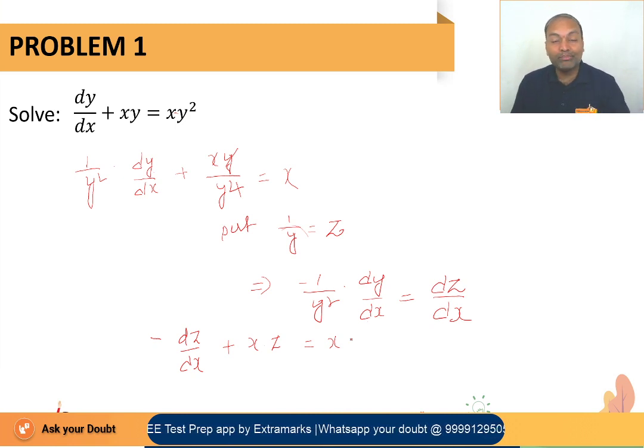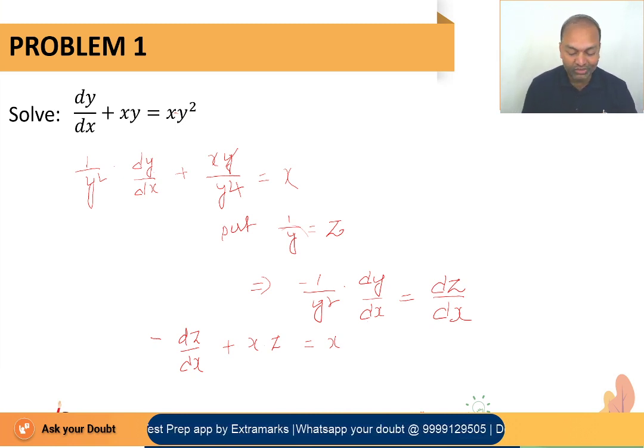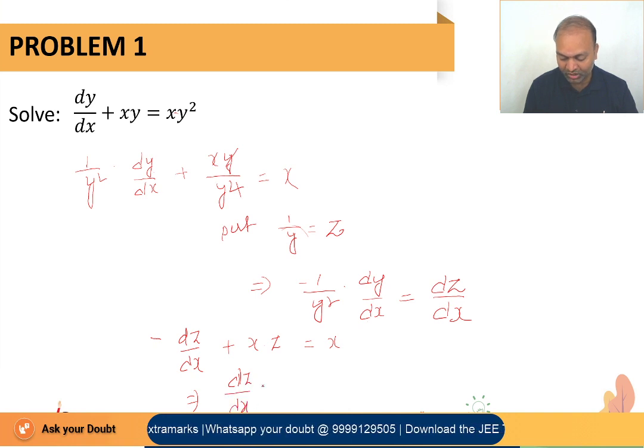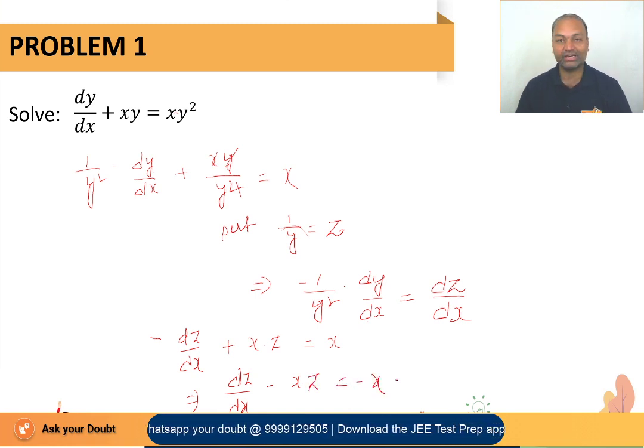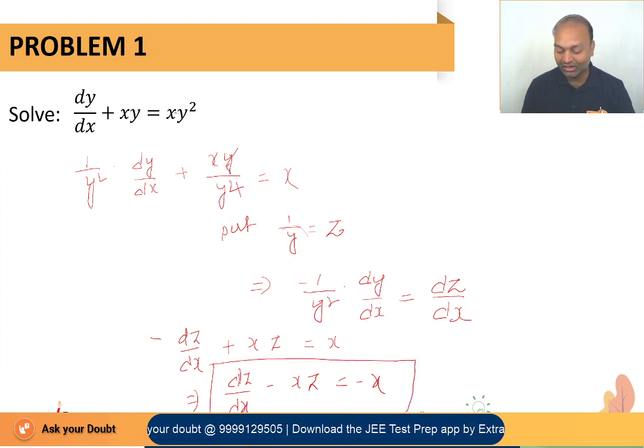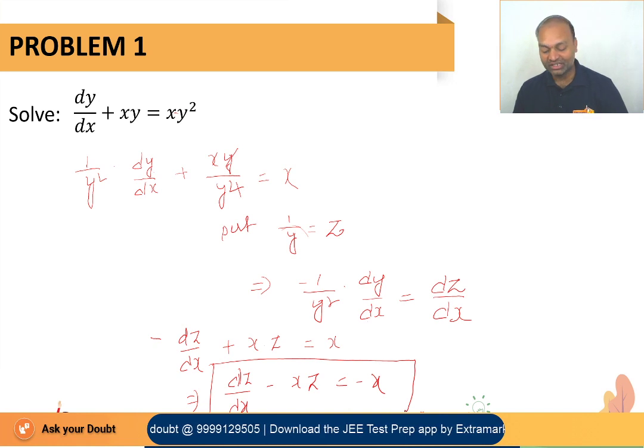Next, multiply both sides by a minus sign. Then the answer will be what? See here. dz by dx minus xz is equal to minus x. Now you cross check it. It is in the form of what? LDE. It is in the form of LDE.